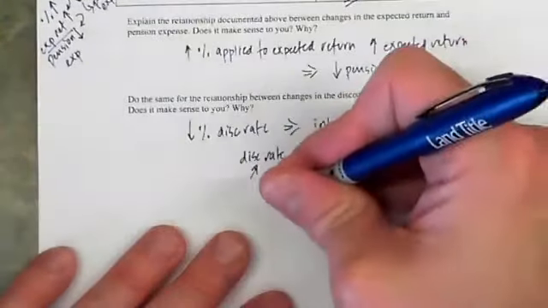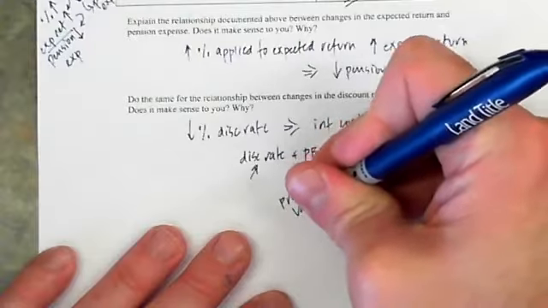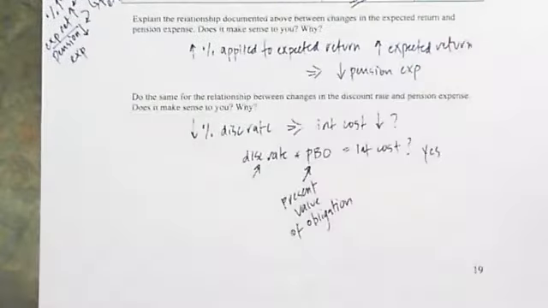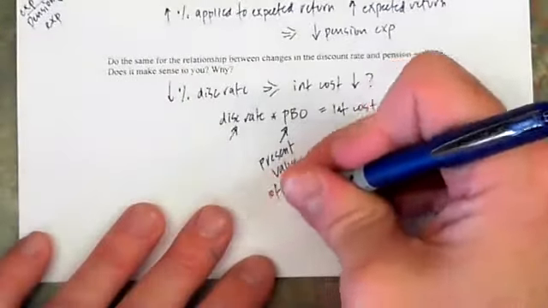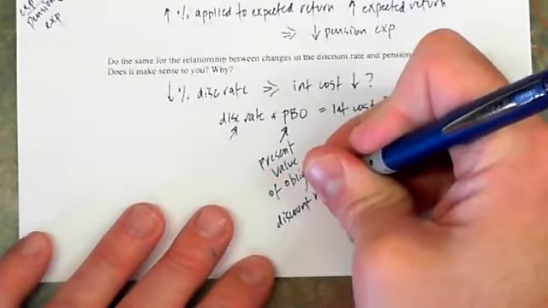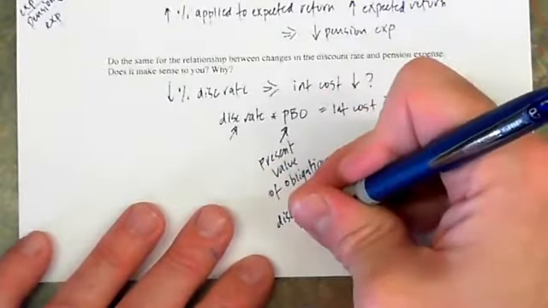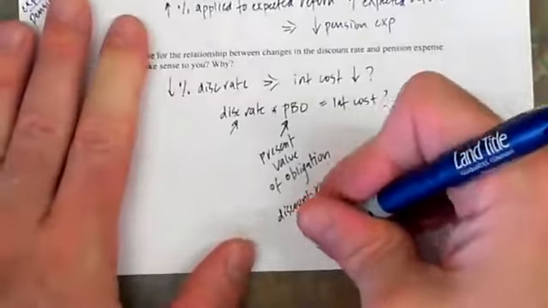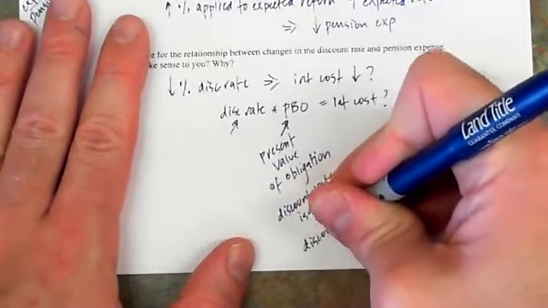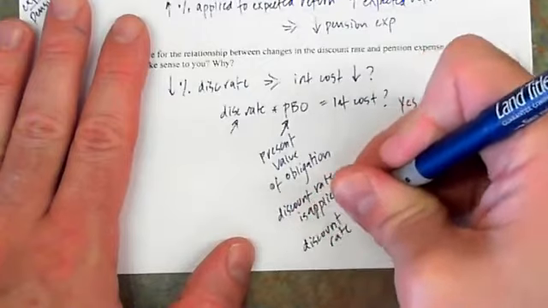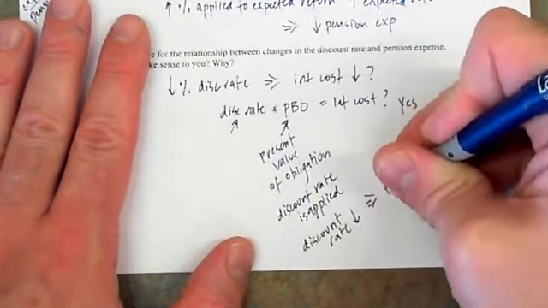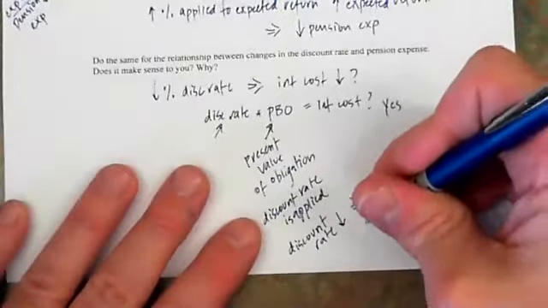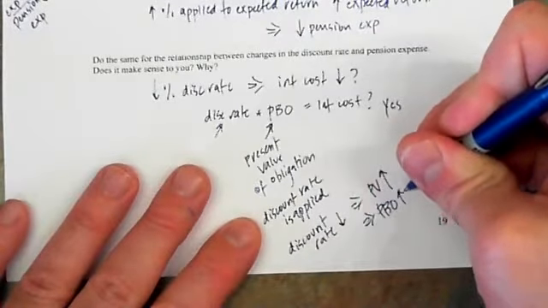Remember, the PBO is the present value of obligation. So we're using the discount rate. So what happens to a present value if the discount rate goes down? That implies present value goes up. If present value goes up, that means my PBO is increasing.